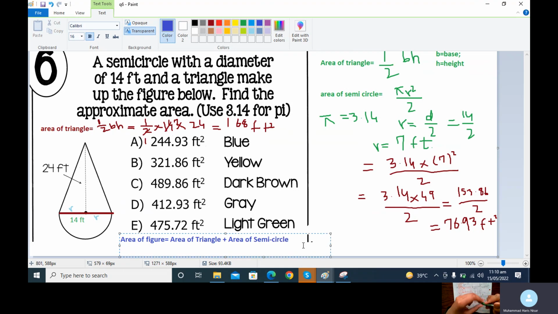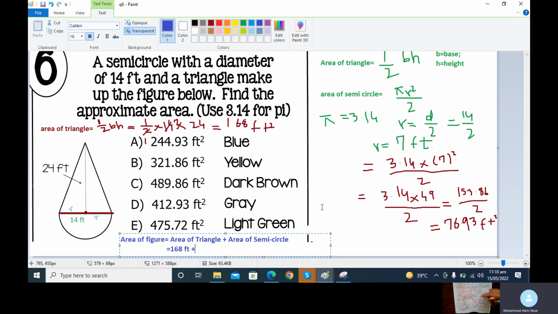So area of figure is equal to area of triangle. What is the area of triangle? 168 feet square, plus area of semicircle.